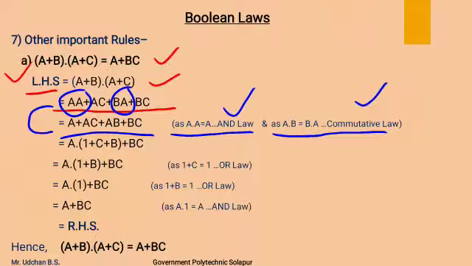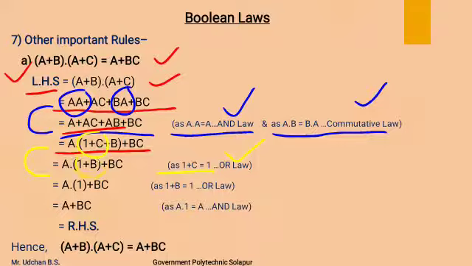Now from the first three terms, A variable is taken common, so the equation will become A into 1 plus C plus B plus BC. Now again this 1 plus C will give you 1 as per OR law, so the equation is reduced to A into 1 plus B plus BC.